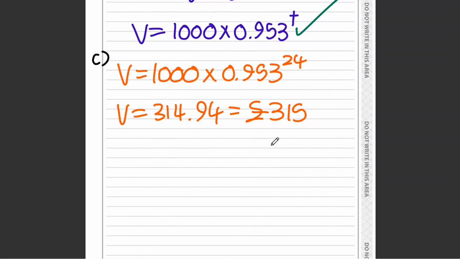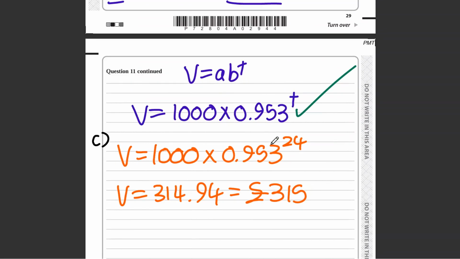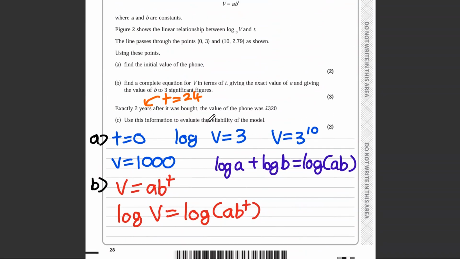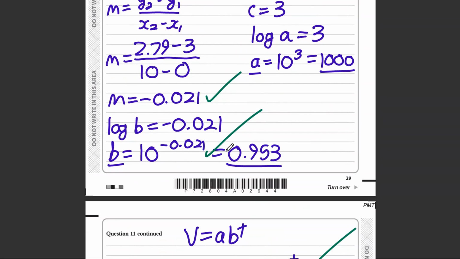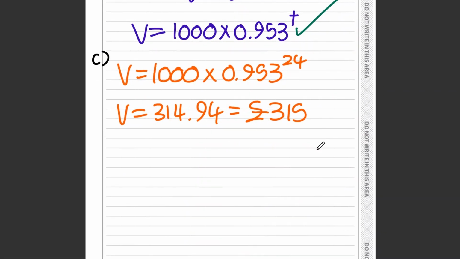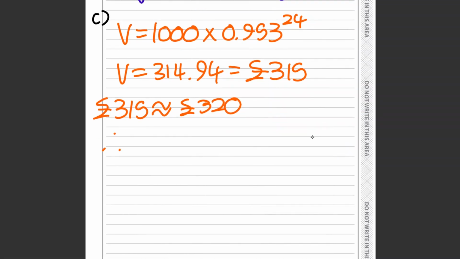So therefore, what we can say, it says in the question, use this information to evaluate the reliability of the model. So let's say some sort of statement. So we'll say something like 315 is approximately equal to £320. So therefore, the model is reliable.